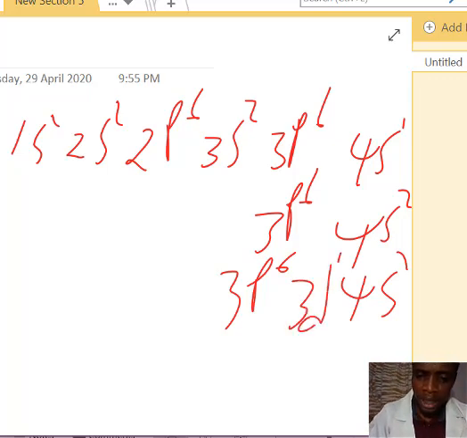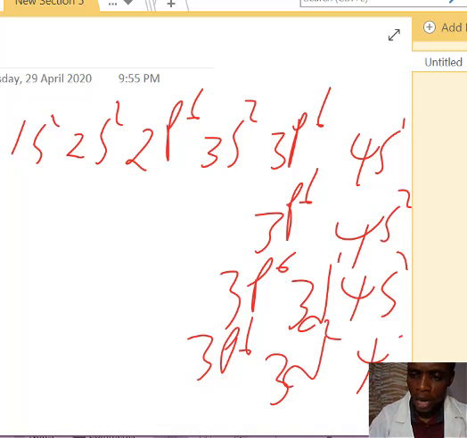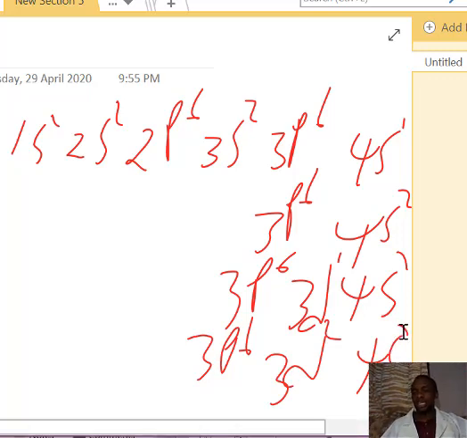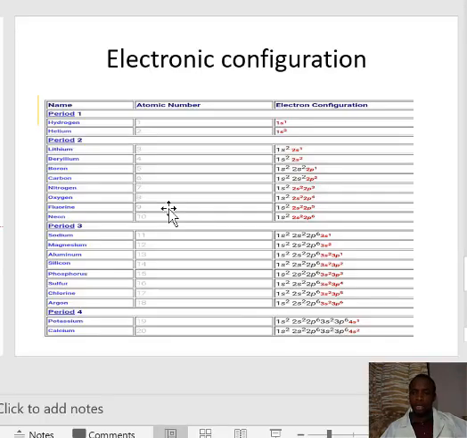Then titanium will be 3p6, 3d2, 4s2 until you give d10. When you get to zinc, that is when you stop giving it to d. So this is how electrons are shared in orbitals, the spdf.